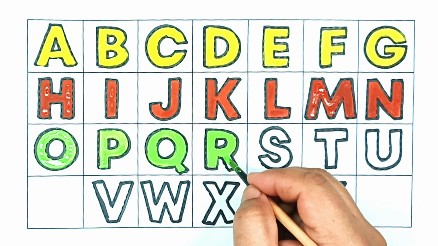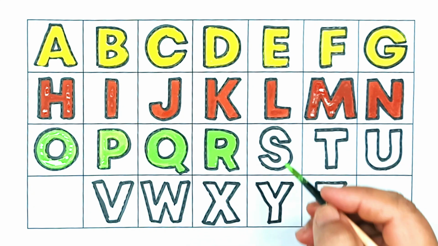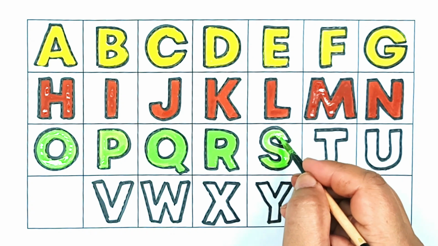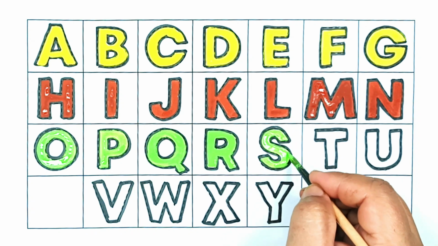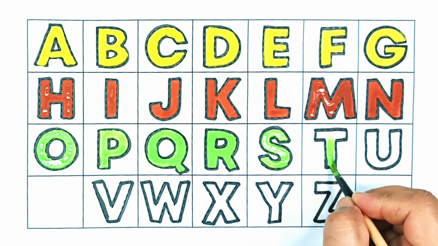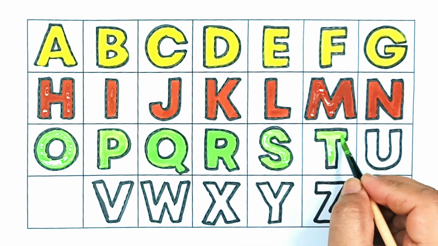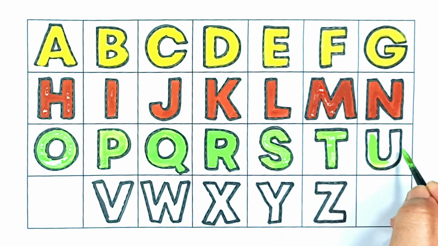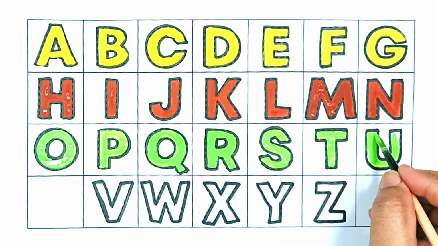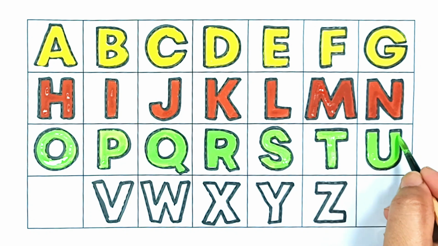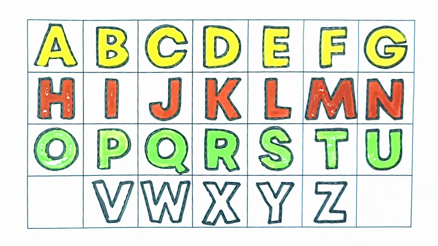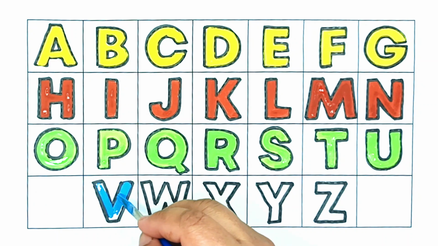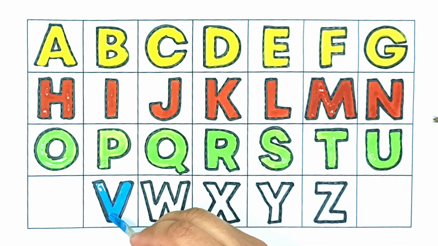R for ring. R for ring. S for star. S for star. T for train. T for train. U for umbrella. U for umbrella. V for van.